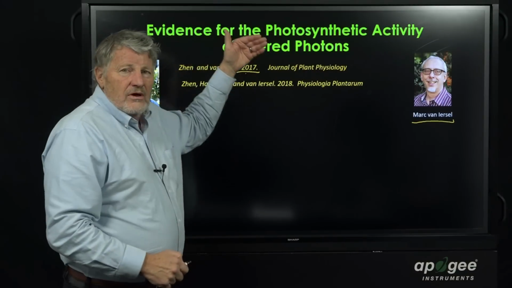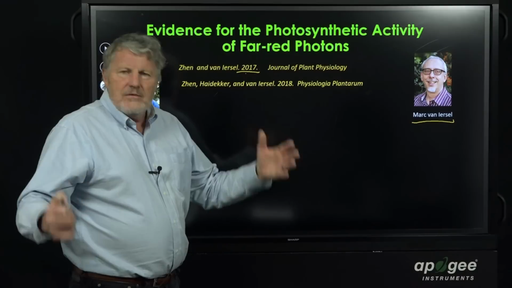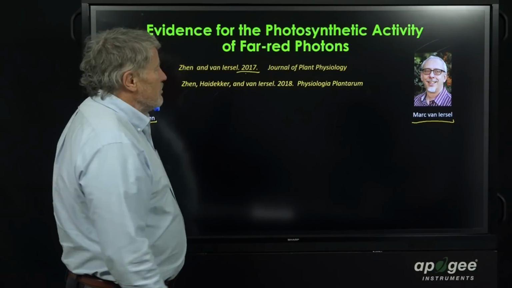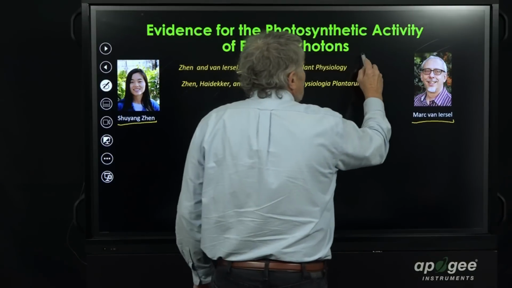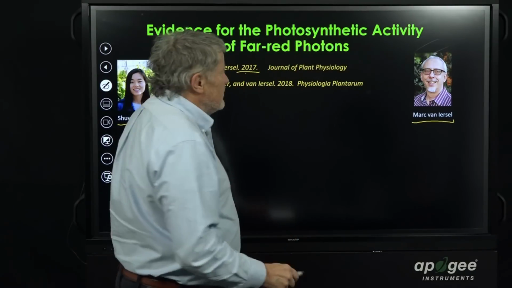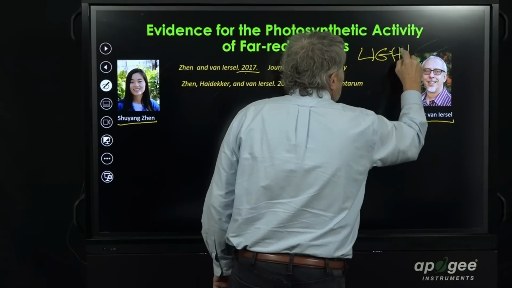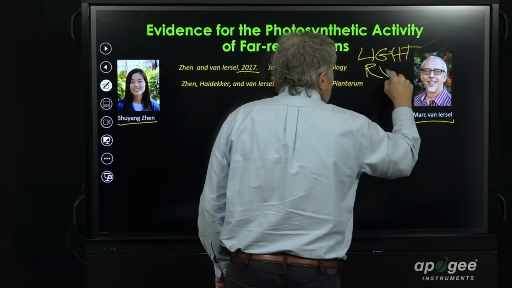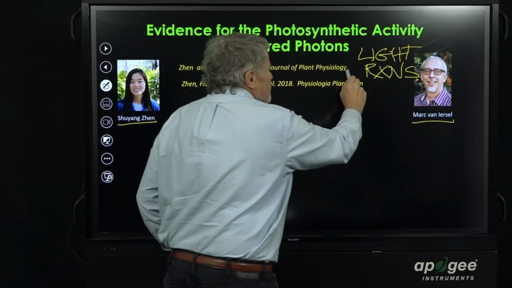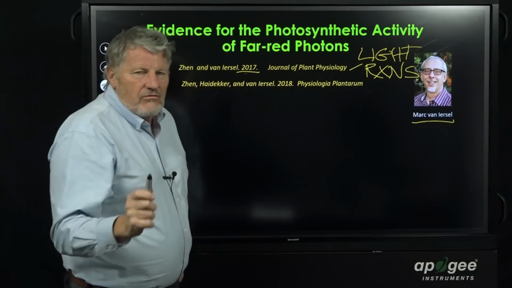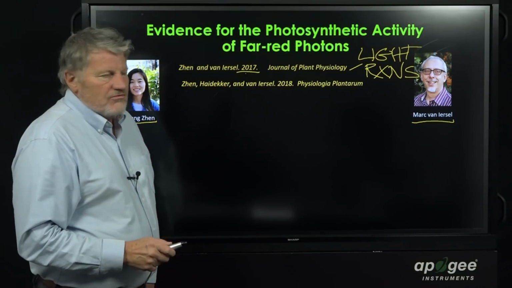These are all very reputable, high impact factor journals. Journal of Plant Physiology, and I'm not going to go into all the details, but they studied the light reactions of photosynthesis in this paper and showed that the far red photons clearly improved the light reactions of photosynthesis.